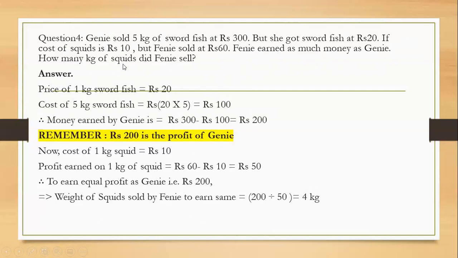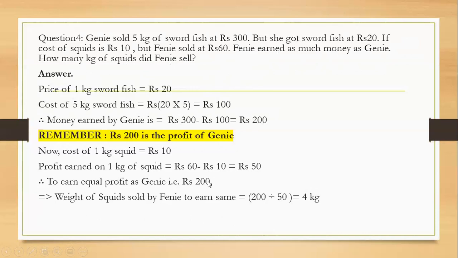How many kg of squid did Fanny sell? If Fanny also has earned 200 profit, you have to calculate the weight of squid sold by Fanny. This is the profit earned in 1 kg, that is 50.